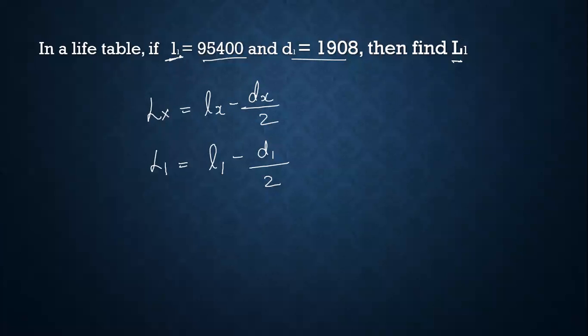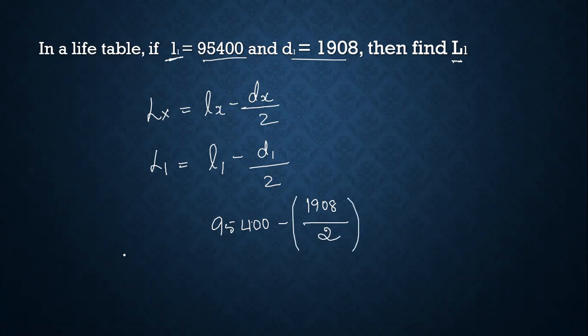We are considering l1, the number of years lived, and also the d. So 95,400 minus, what is d1? 1,908 divided by 2. First you have to divide this, 1,908 divided by 2, and minus it from 95,400. What is the answer you get?